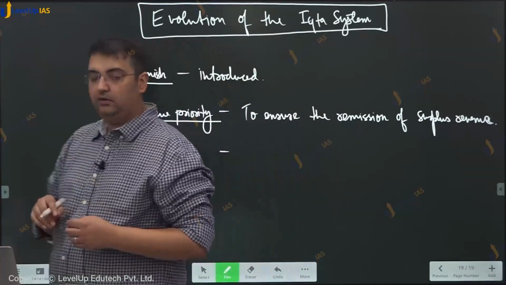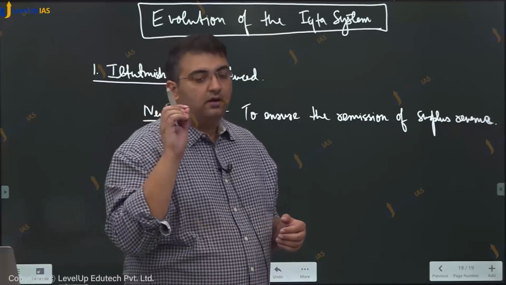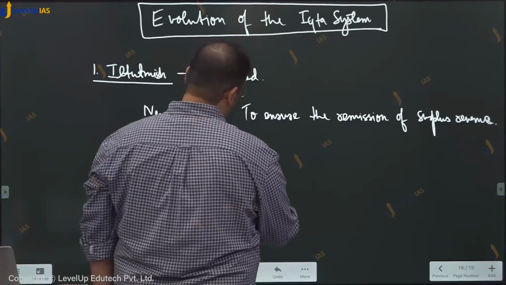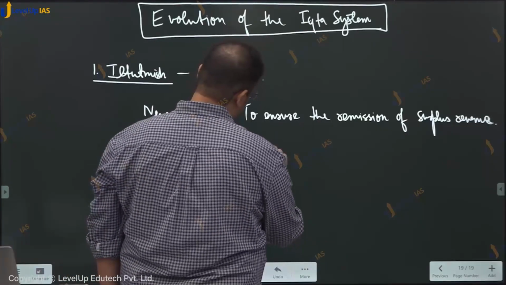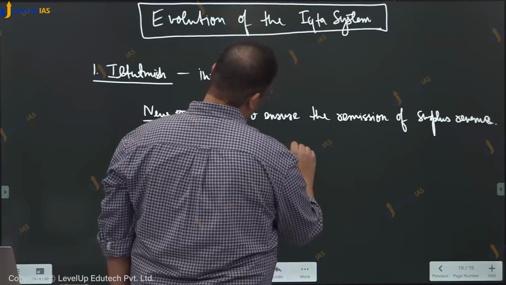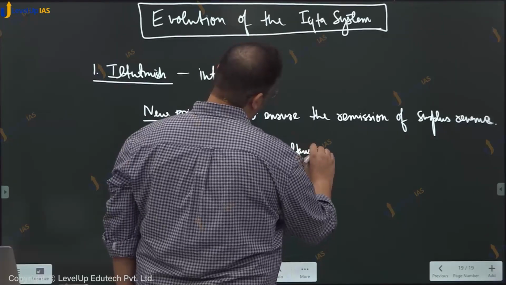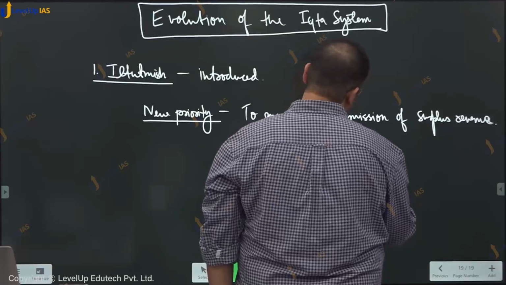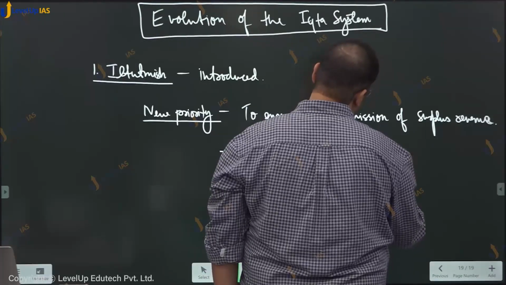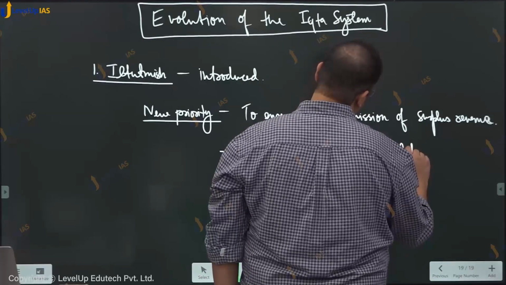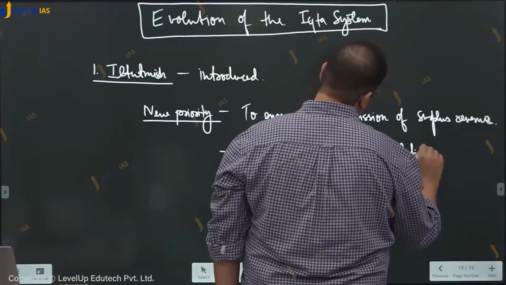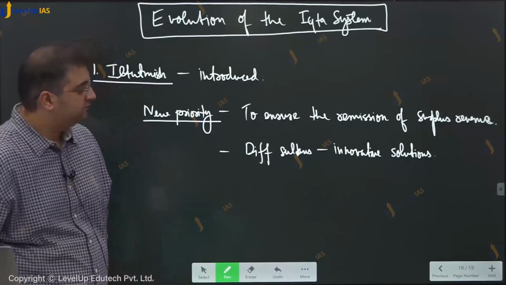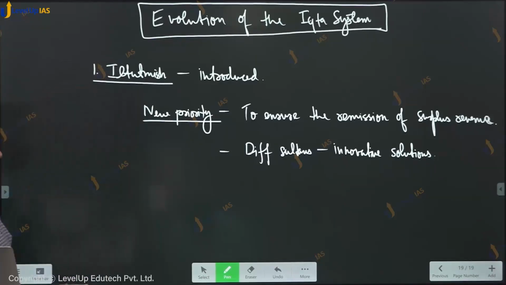So write down. Different sultans came up with innovative methods to fulfill this priority.